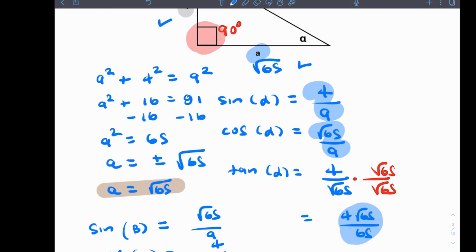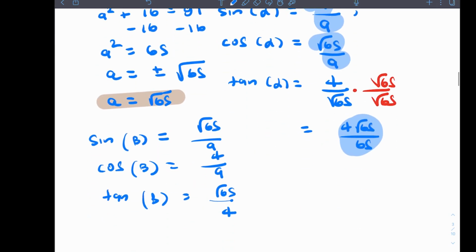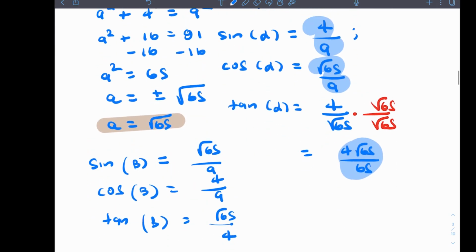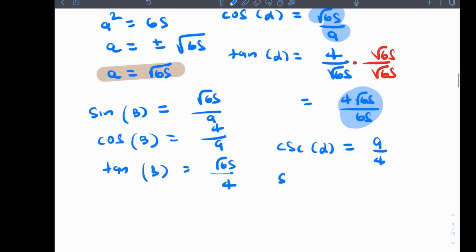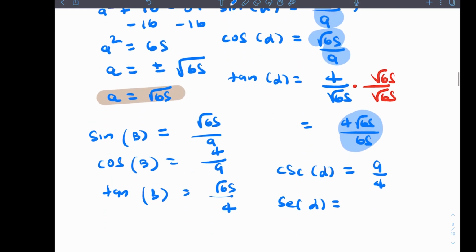Okay, so let's try to do here. What's the reciprocal of sine? Anybody remember? We're going to find the other ratios. We got to find all 6. What's the reciprocal of sine? Cosecant alpha. Flip the fraction over, 9/4. Is that right? Okay. Now secant of alpha. Flip the fraction over.